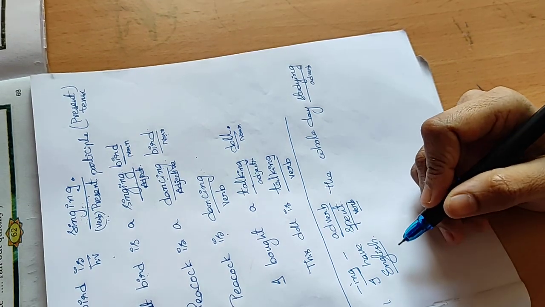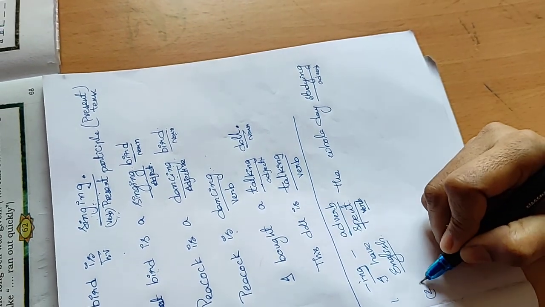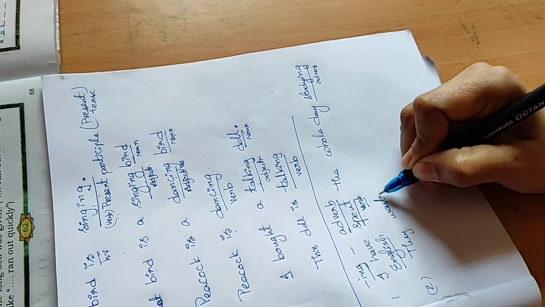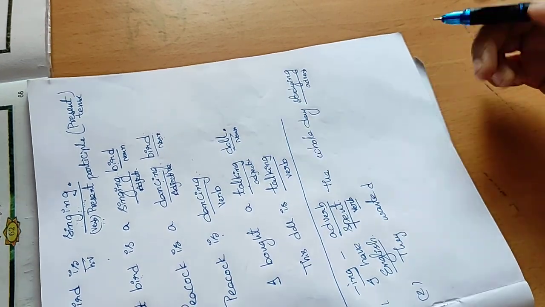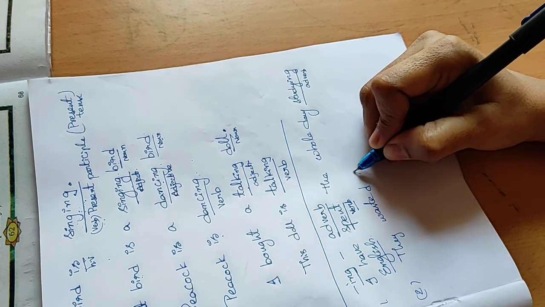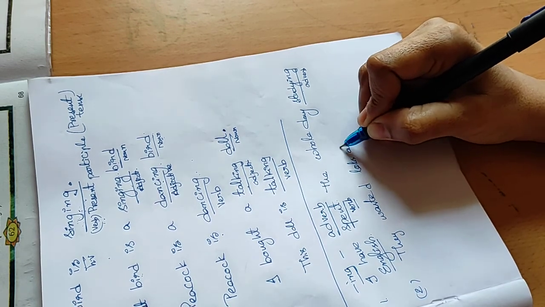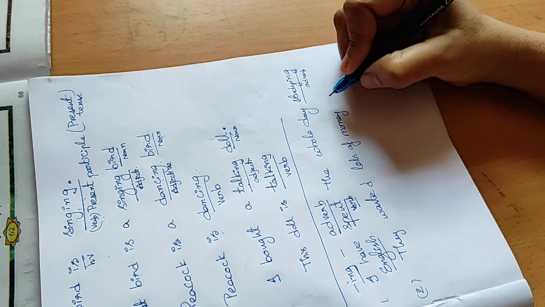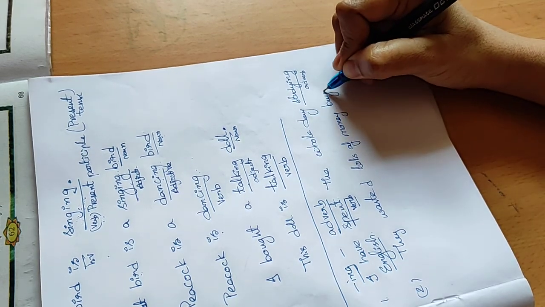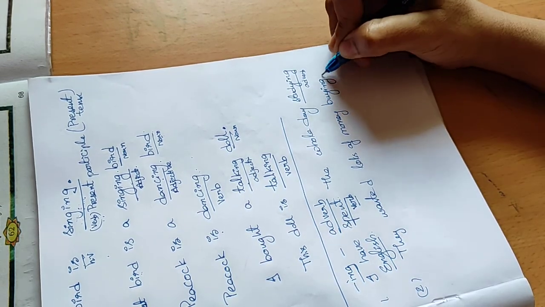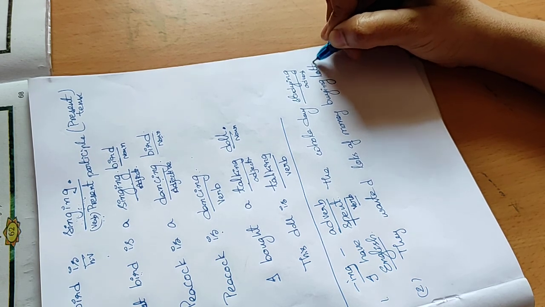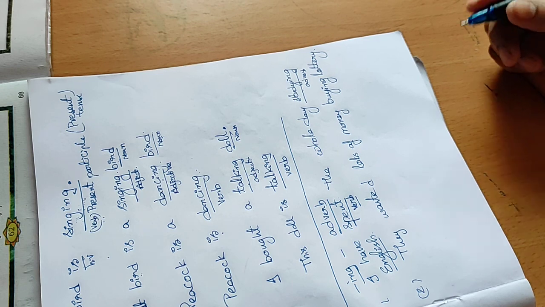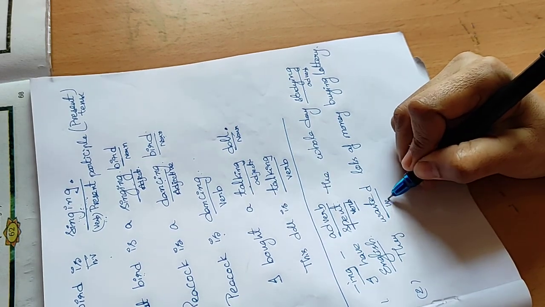Next, one more example, they wasted lots of money buying lottery. Wasted is the action verb.